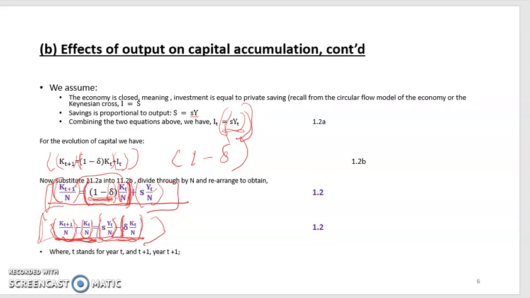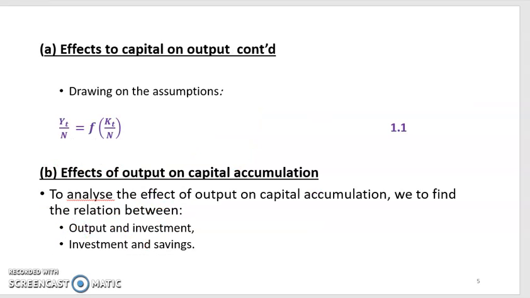So this is straightforward. It also gives us the second relation, that is the relation between output and capital per worker. Okay. So what we've done so far is that from the production side, we have seen in equation 11.1, this one, how capital determines output.